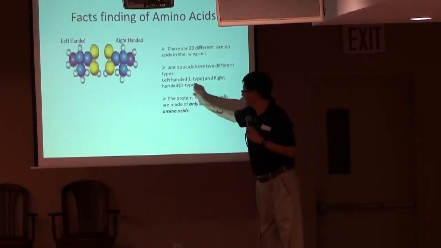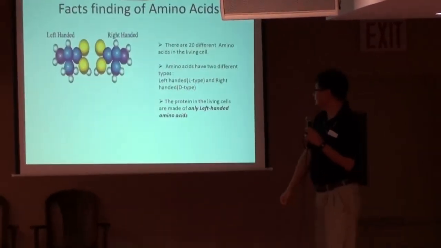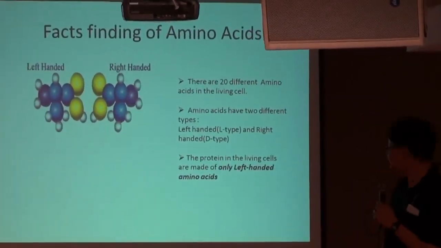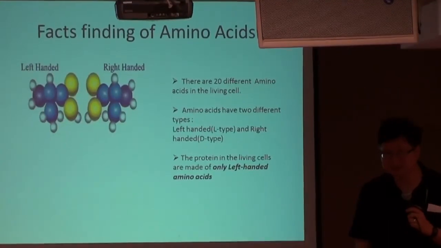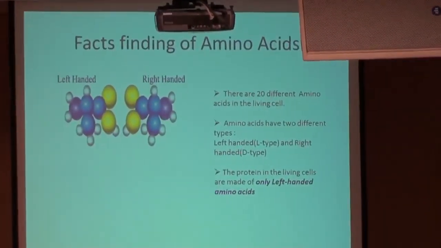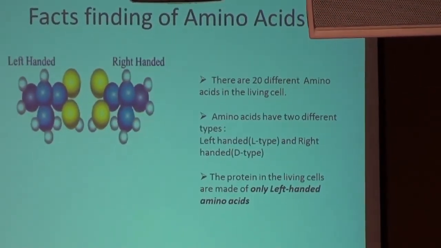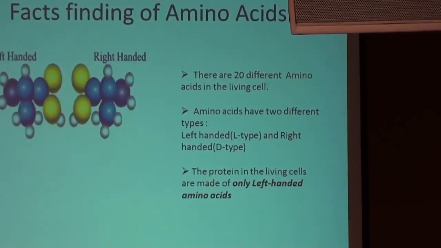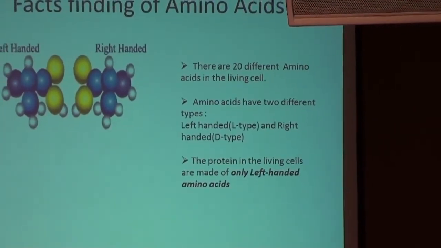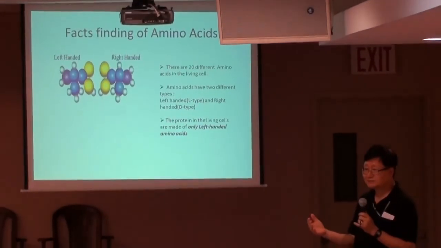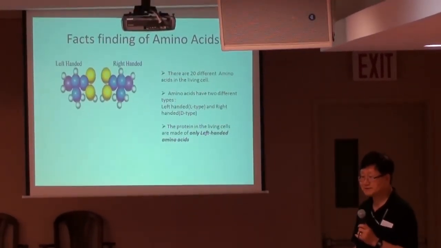This is an important fact: the proteins in the living cell are made of only left-handed amino acids. Only left-handed. Put one right-handed amino acid into the left-handed ones, and they cannot make a protein that our body can use. But in the experiment, both L and D were produced at the same time.